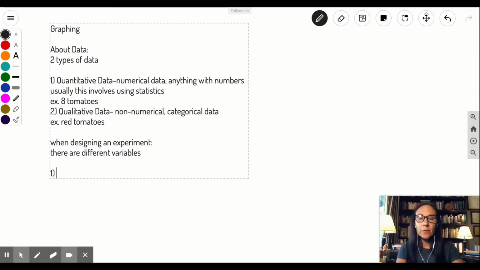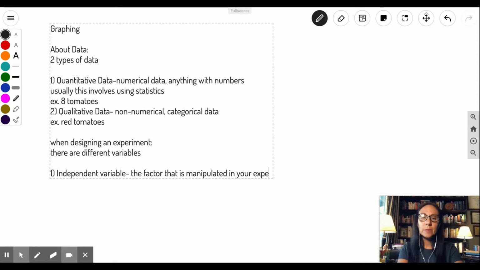And the first type of variable is called the independent variable. And the independent variable is the factor that is different between the groups in your experiment. So the factor that is manipulated in your experiment. Okay, and I like to think of it as the factor that is different between the groups.